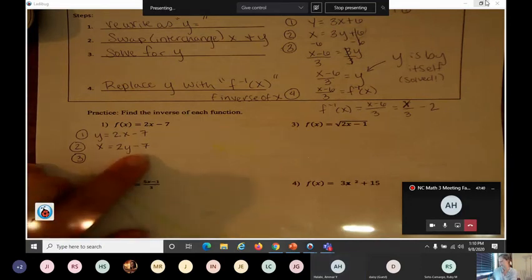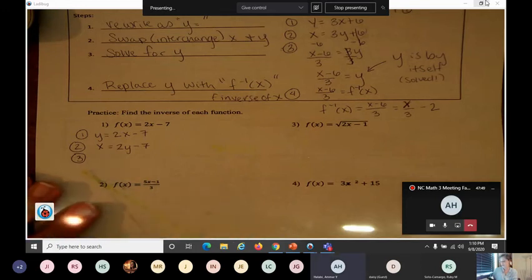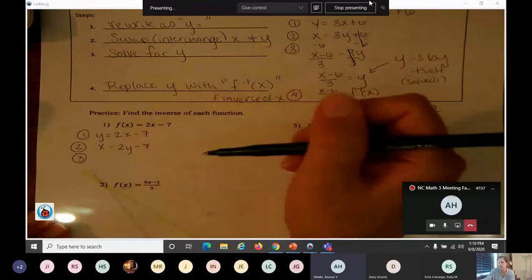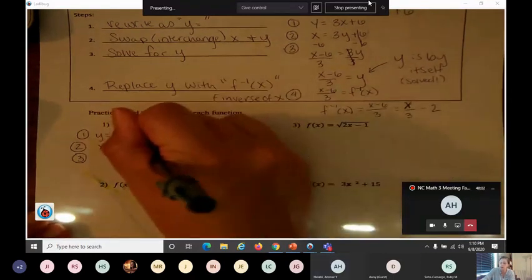How do I get that -7 away? What's the opposite of -7? 7. +7, yeah. So I'm going to add 7 on both sides.